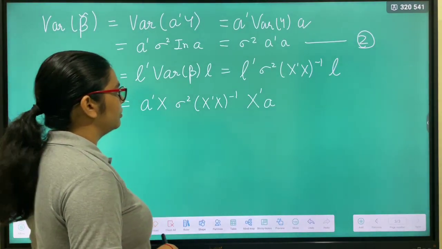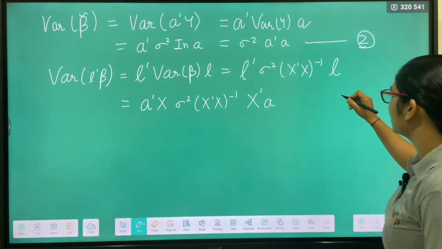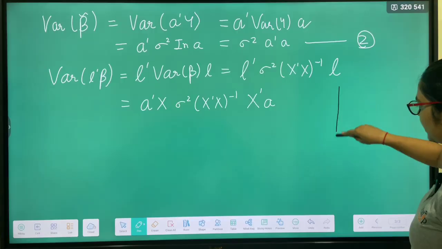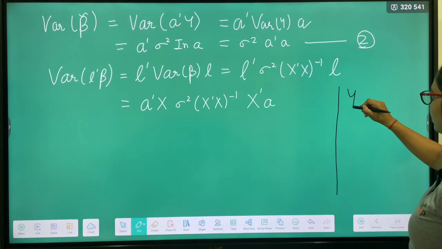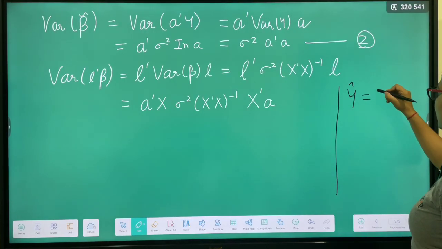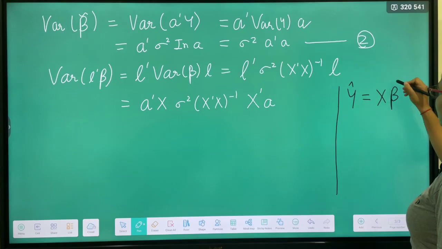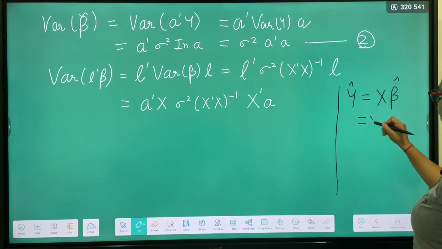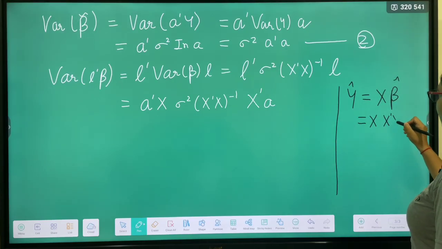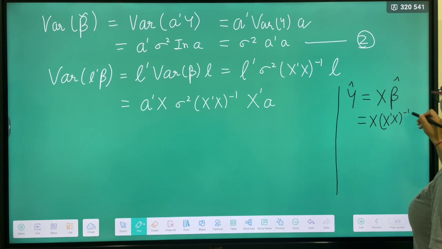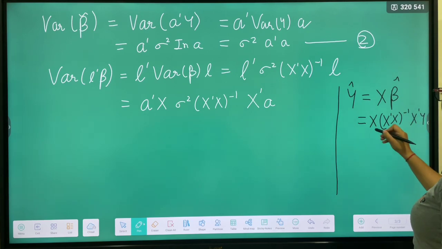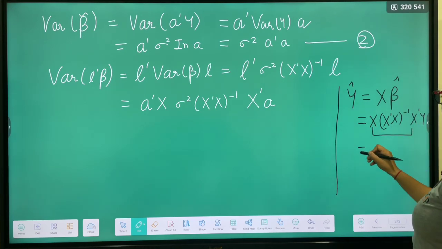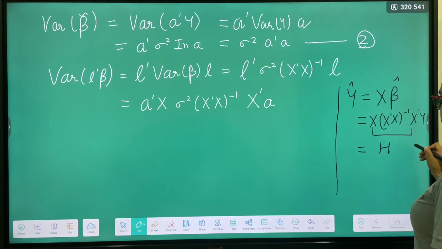Now let us see here. When we calculate the predicted value of y, which is nothing but X beta cap, here we can write beta cap as (X'X)^-1 X'y. Now this whole value X(X'X)^-1 X' we can take as H, which is the hat matrix, into y.